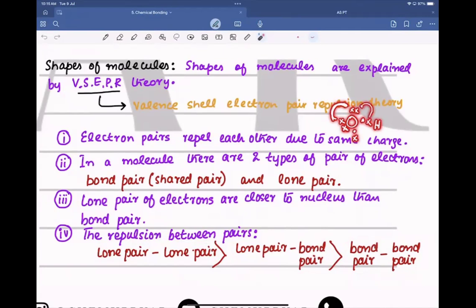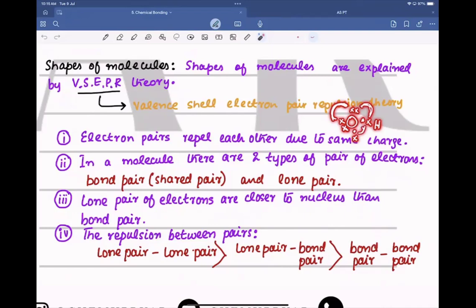The angle between the lone pair and bond pair is going to be smaller than the previous one because their repulsion is moderate, and the angle between these two bond pairs is going to be the smallest because the repulsion between the bond pairs is least. Is this understandable? Yes, sir.